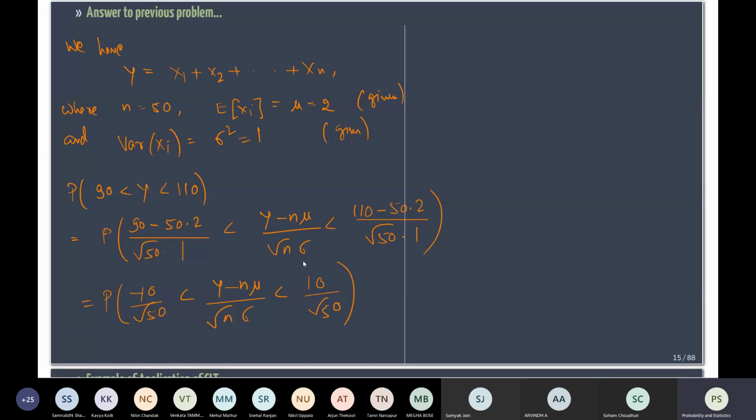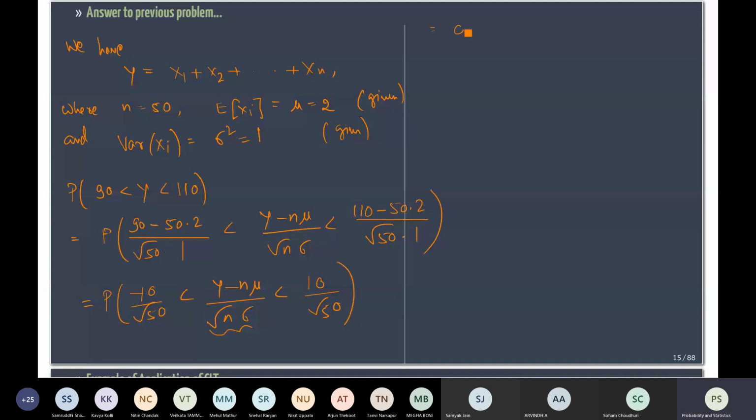Now what I can do is estimate these values using phi.